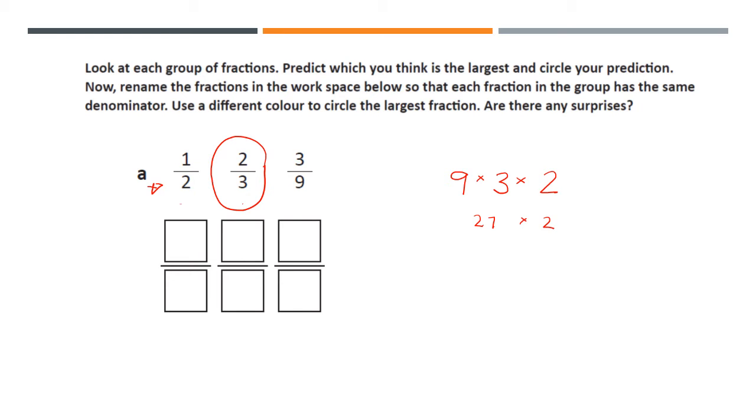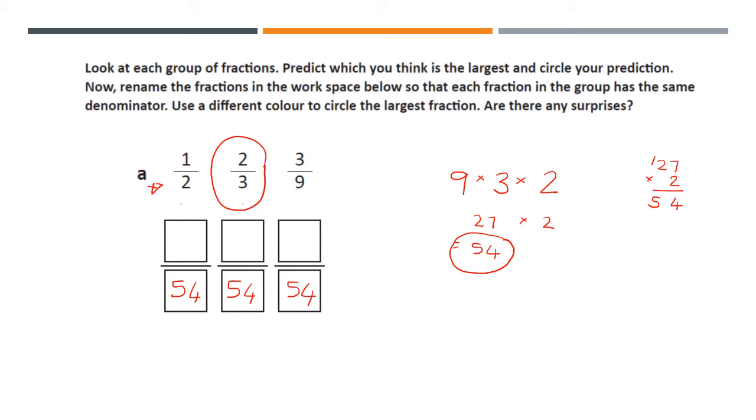Times 2: 7 times 2 is 14, 4 plus 1 is 5. My LCM is 54. So that is the smallest number that all 3 of those numbers can fit in. So obviously they must be at the bottom.